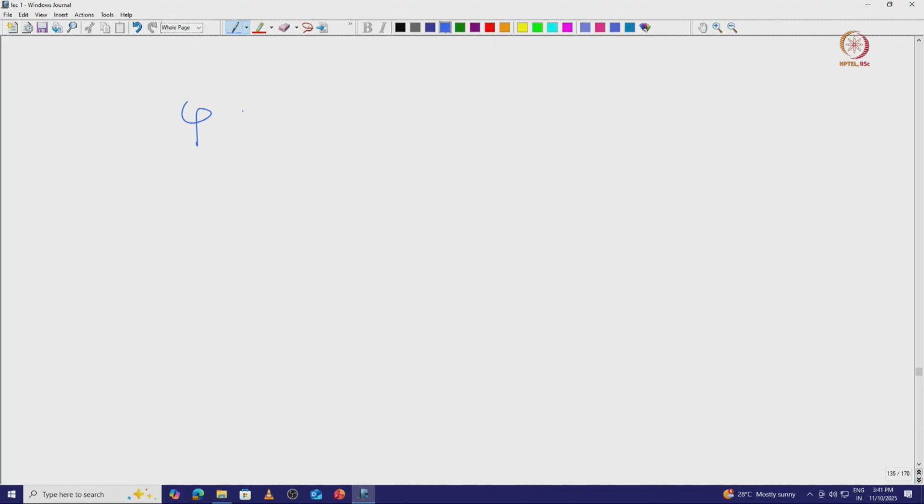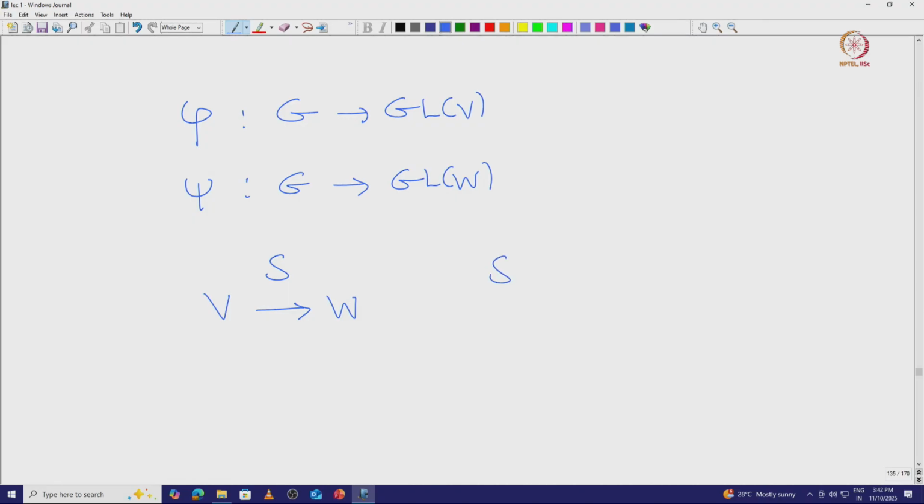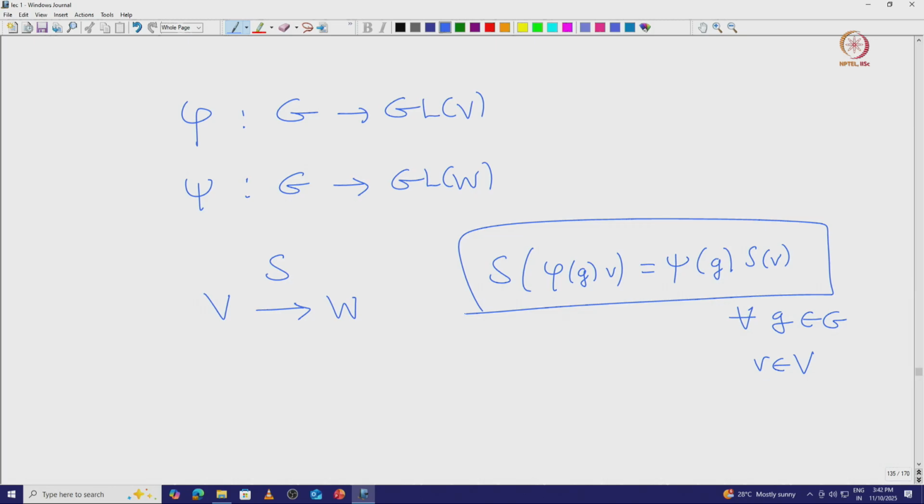If we have two representations, let us call them phi from G to GL of V and xi from G to GL of W, then the intertwining operator S from V to W satisfies the property that S of phi g of v should be equal to xi of g of S of v for all g in G and v in V. So this equation should be satisfied.